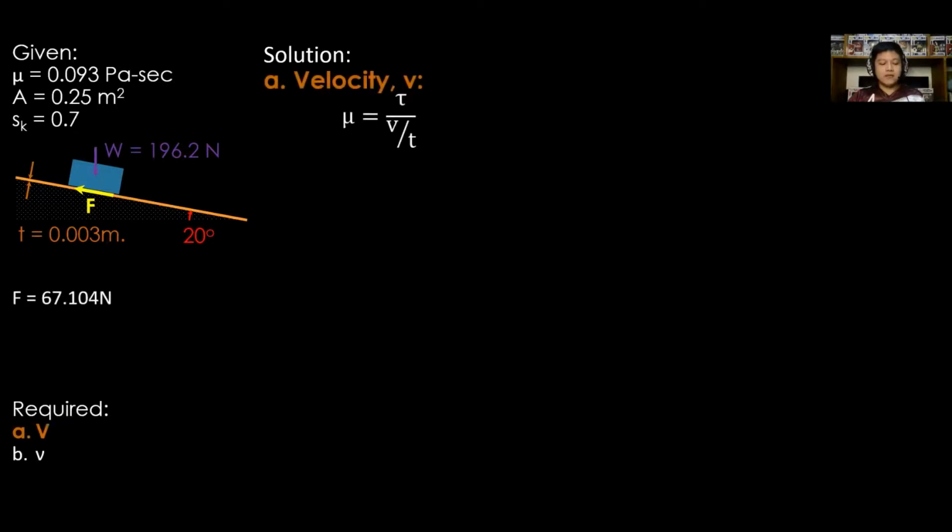Using this F for velocity, with the equation mu equal to tau over V over T, rearranged, the equation for V is equal to tau multiplied by thickness T over the viscosity mu. For tau, that is equal to the shear force over the shearing area, multiplied by T over mu.